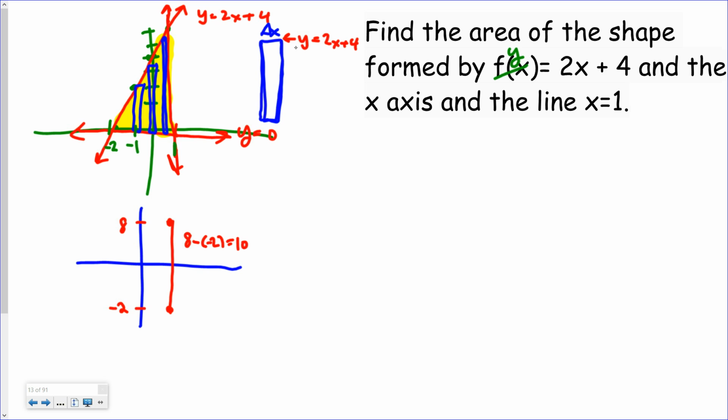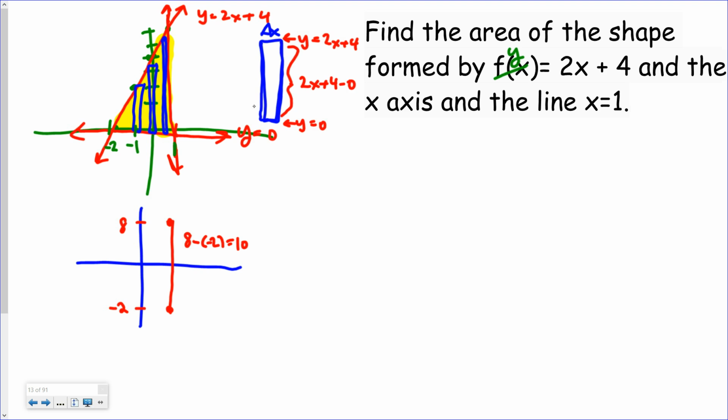So if I wanted to know the length of this rectangle, the bottom y value is what? Y equals 0. So if I subtract 2x plus 4 minus 0, then that is the length right here of this blue rectangle. So this length is 2x plus 4 minus 0.